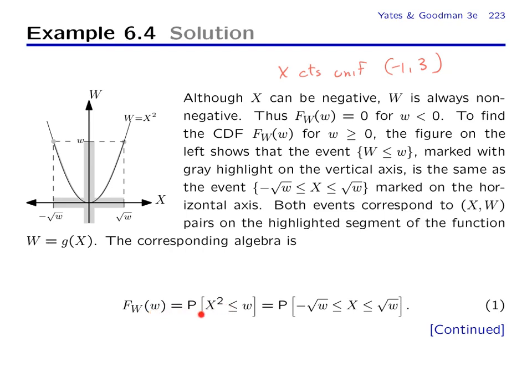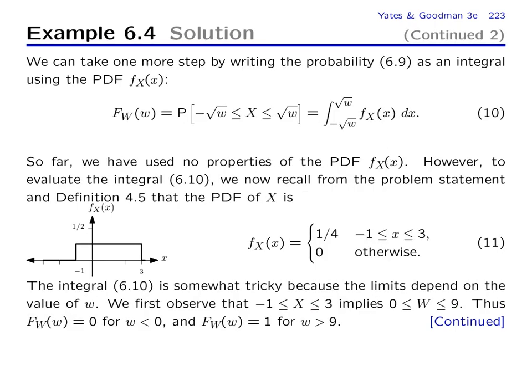The CDF of W is the probability that X squared is less than W, and that's the probability that X is between minus root W and root W. All of this is exactly what we just did. The next step is the same: you integrate the PDF of X from minus root W to root W, same as before.